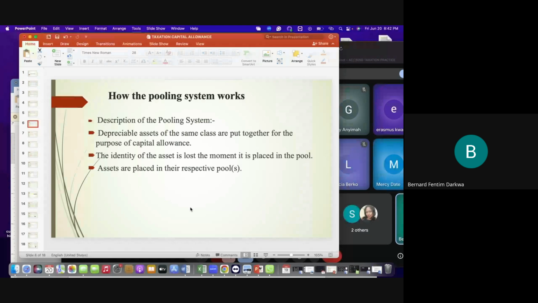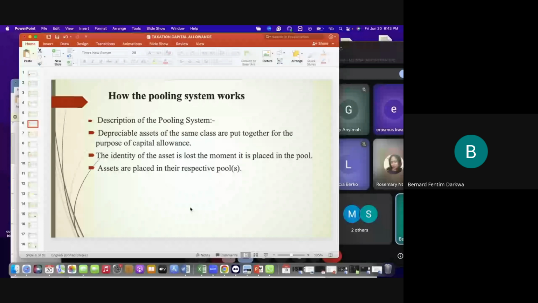So there is what we call the pooling system in capital allowance calculation. How does this pooling system work?